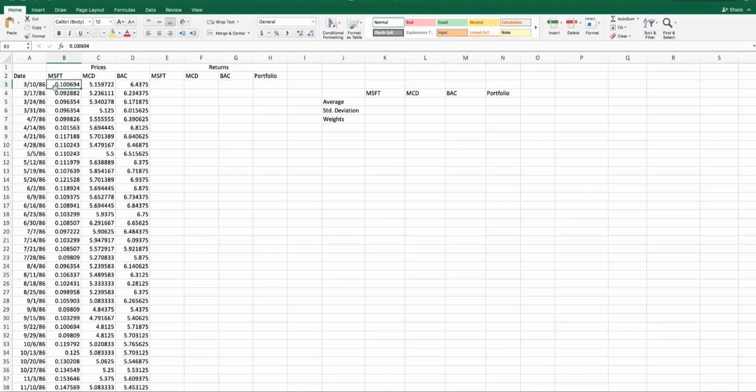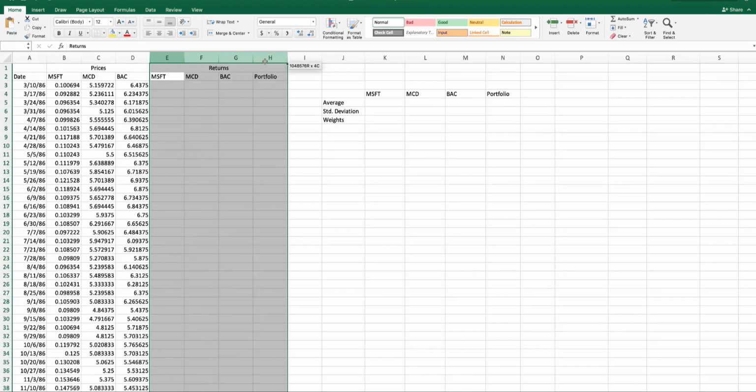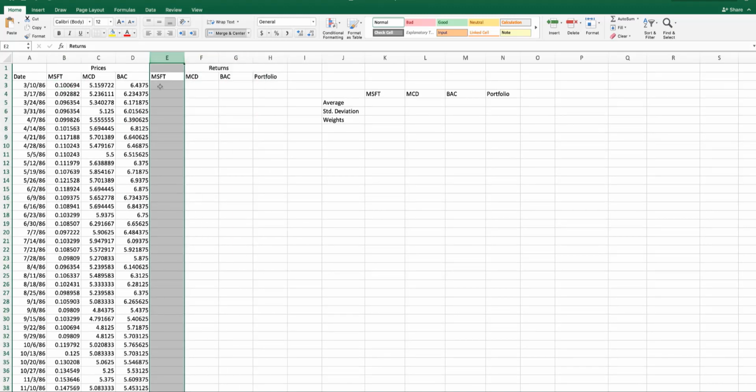So you have Microsoft. These columns are going to contain all the weekly returns. To calculate the return, we need the price at the end of the week and the price at the beginning of the week. The percentage change in that price is the return for that particular week. So for this week of March 10th to March 17th, we want to calculate the return.